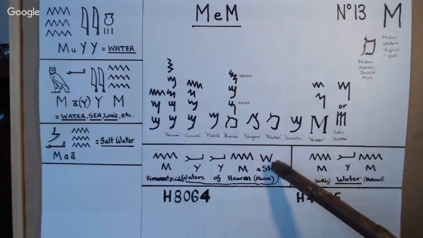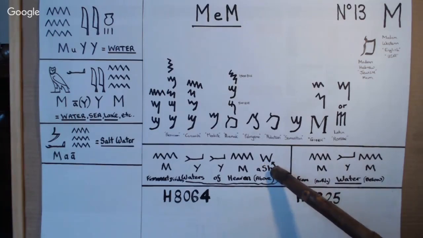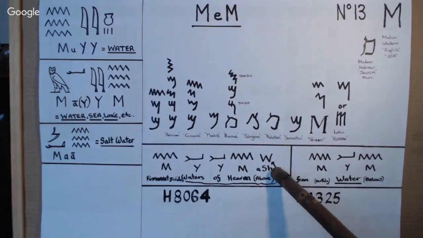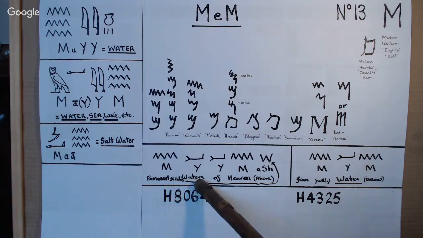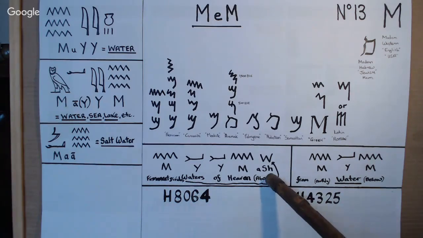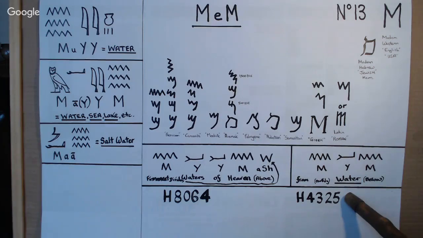So with the teeth symbol, which is what this is, it means the firmament that divides the waters of heaven, which are above, and this one here, number H4325, which is the Hebrew word for water, from the earthly water, which is below.